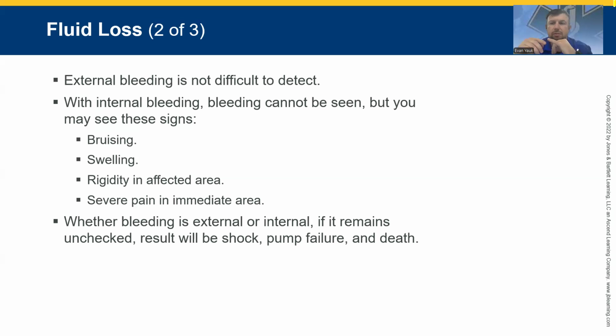So that's why it's super important to continually do assessments, watch for those trending injuries or those trending vitals caused by injuries. There's just really no good way to go about that besides constantly reassessing, looking for these things.